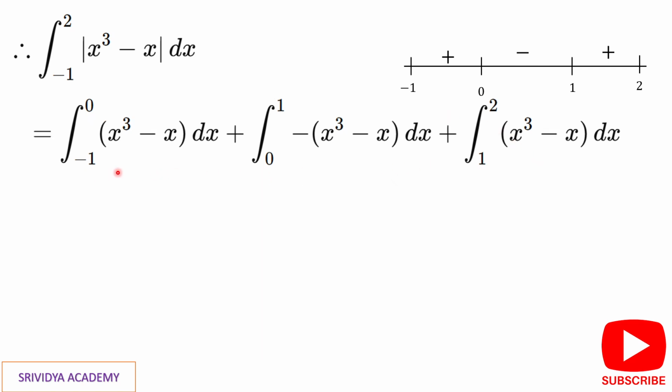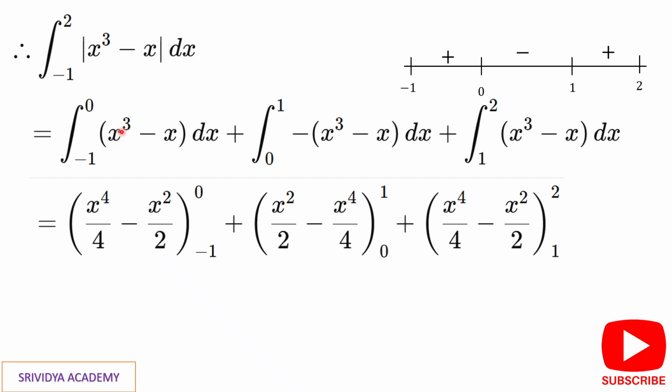Now let us evaluate each integral one by one. Let us consider the first integral. We have the limits from minus 1 to 0 of x cube minus x. When we integrate this, we get x to the power of 4 by 4 minus x square by 2 between minus 1 and 0.